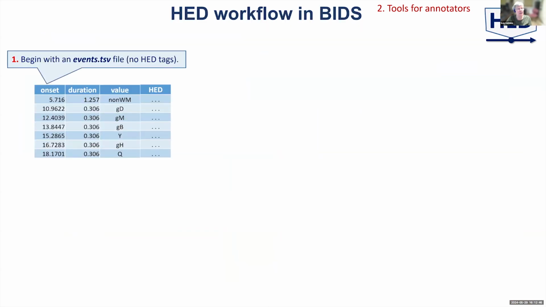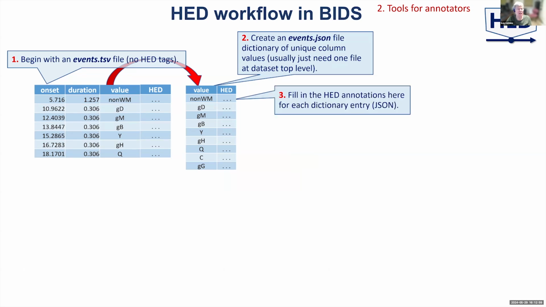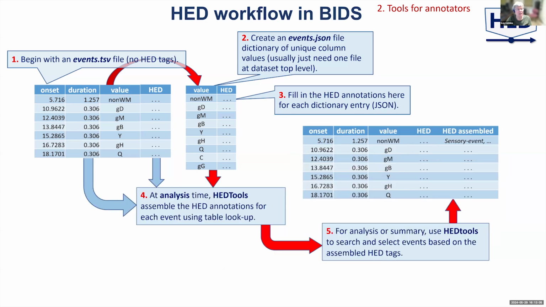So let's just go through the BIDS workflow again. As a reminder, you have an events file. You want to create a JSON file so you can annotate. You want to fill in the annotations, and then at analysis time, you're going to assemble the annotations into HED strings for each row of your events file as shown in this HED assembled column.